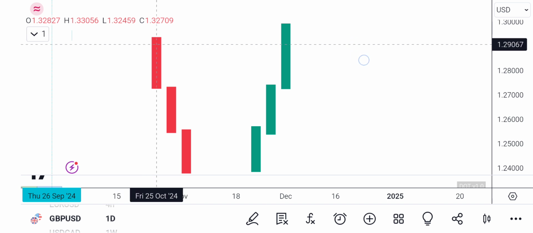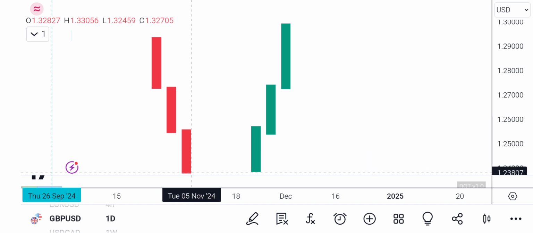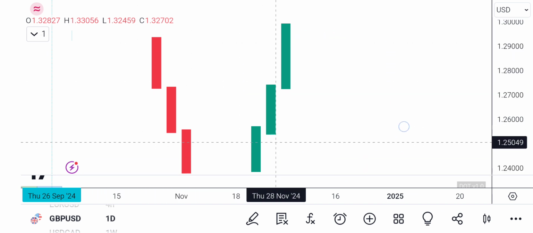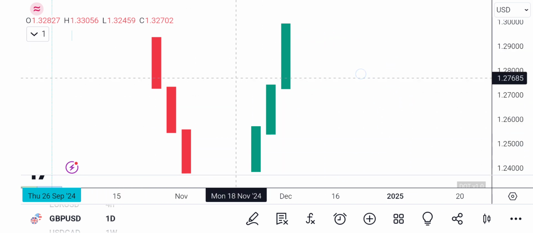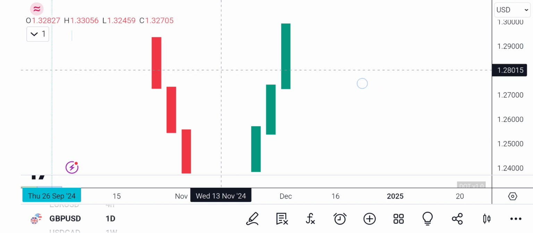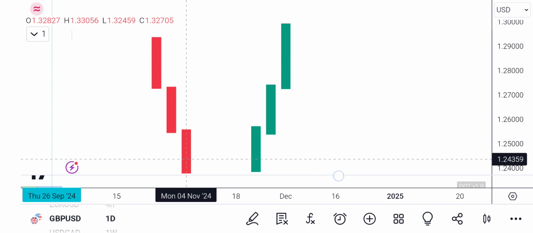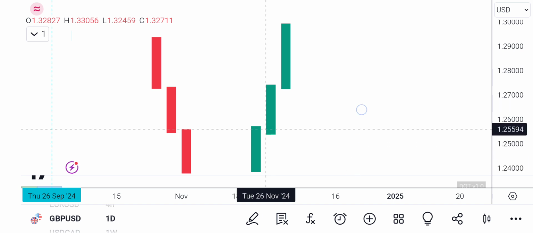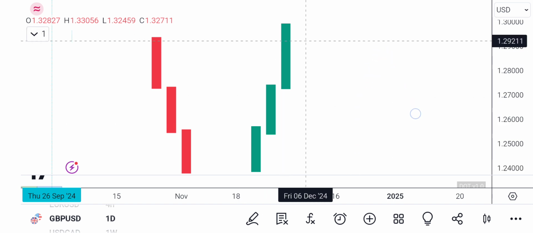IPDA only offers one-sided price delivery first, and then in return it offers the opposing liquidity to balance it up, forming what we call the market efficiency paradigm, which means buy side must equate sell side and sell side must equate buy side. So if only sell side has been offered, it means it is void of buy side, and if only buy side has been offered, it means it is void of sell side.